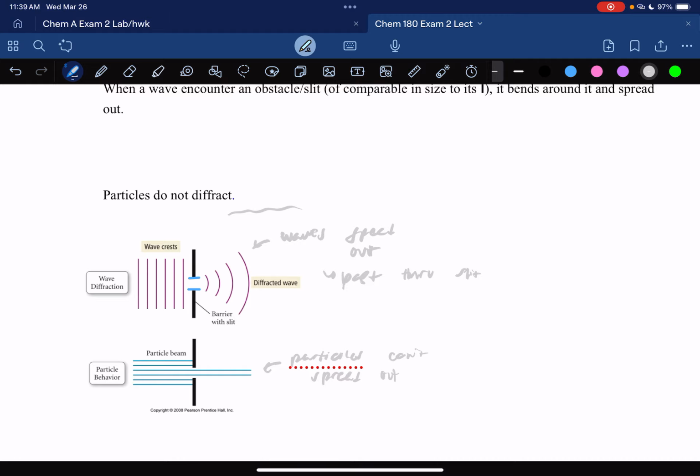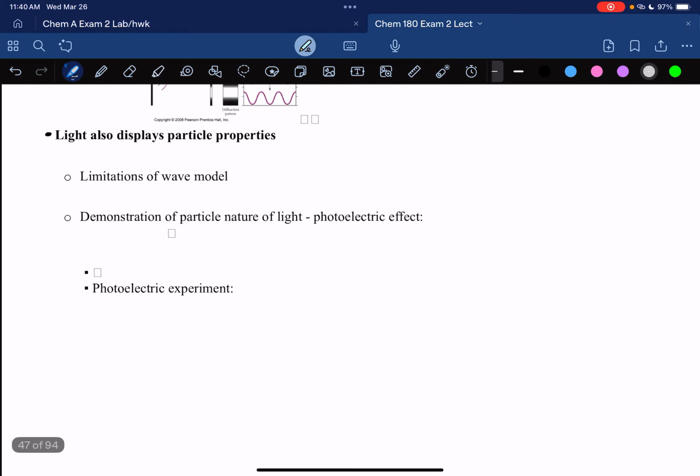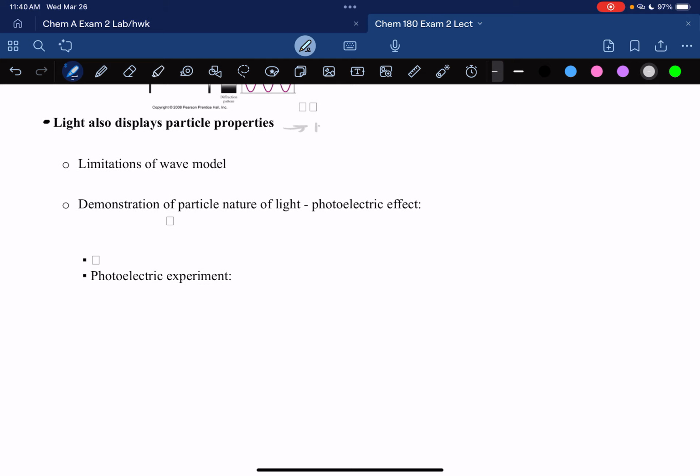But then later on we find out that light also displays particle properties. Light is not only coming in as a set of waves, but also coming as particles. How could that be? It seems to me a contradiction, right? Because a set of waves, like a light wave, comes in, you could have diffraction, right?